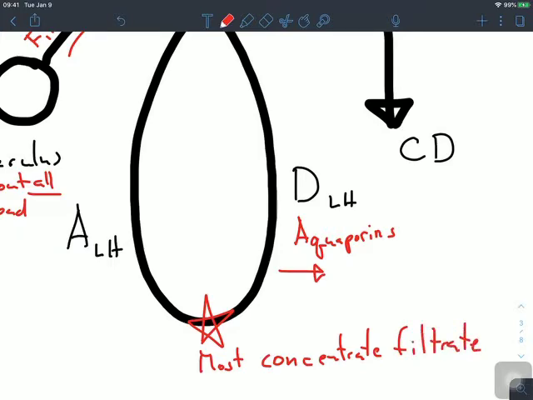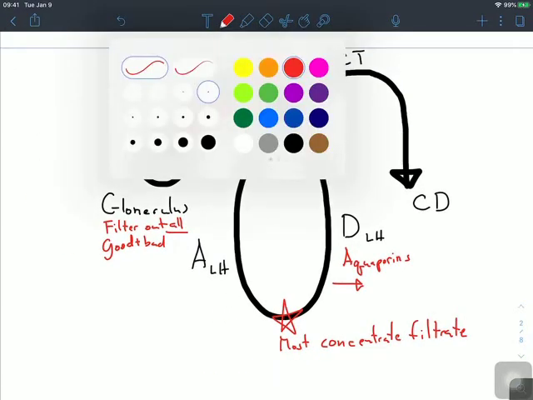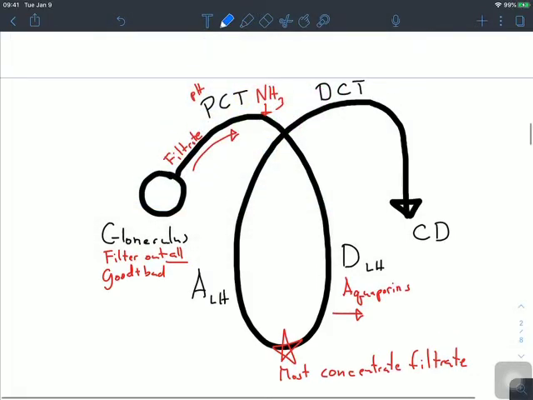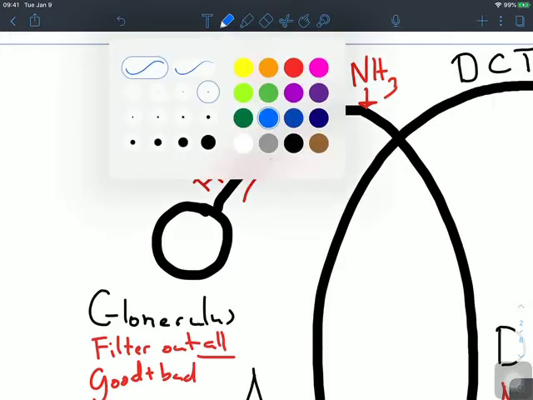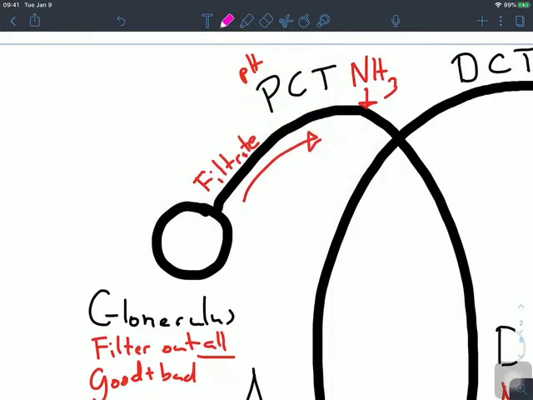So I like to draw out some numbers to help illustrate this. Let's go ahead and say that at the beginning, when you squeeze out of the glomerulus, let's put some random numbers to this. Let's do it in hot pink so that way you don't confuse this.